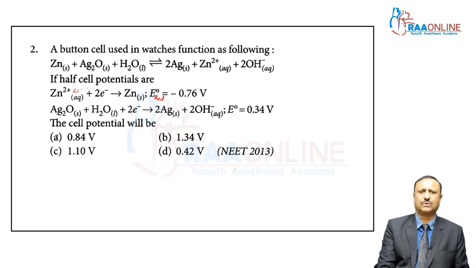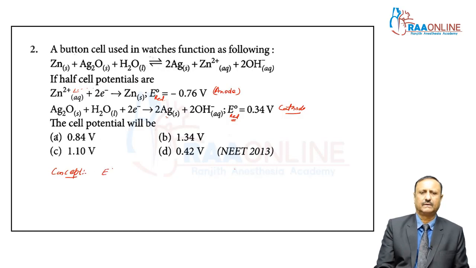This Ag2O converted to Ag means electrons are taken by it, so it is also a reduction. In reduction potentials, negative or lower values act as the anode, and the other acts as the cathode, because in this question he wants the cell potential. So, my dear students, what is the concept of this question?